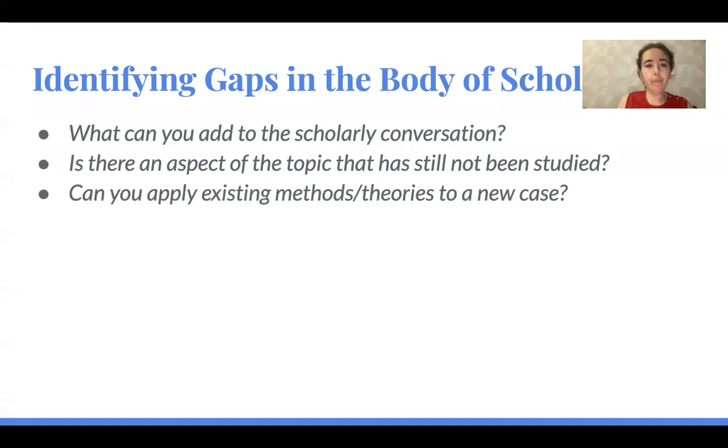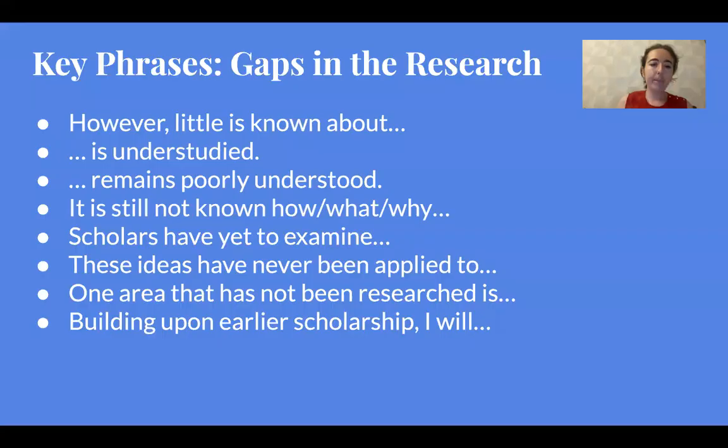Can you apply existing methods or theories to a new case? So in the example I was talking about earlier, this student has written a thesis about stress in teenagers, and they're applying existing methods that were used to study stress in adults to a new case, in this case, a different age group.